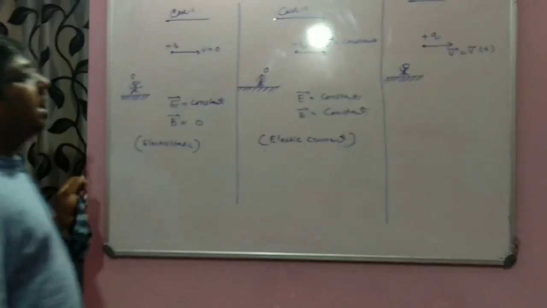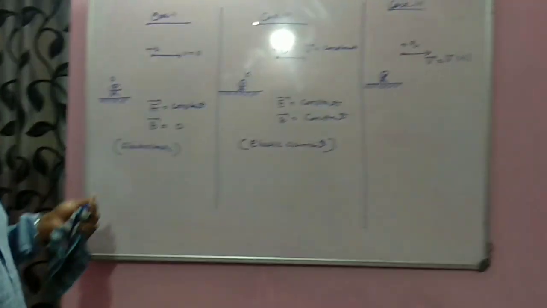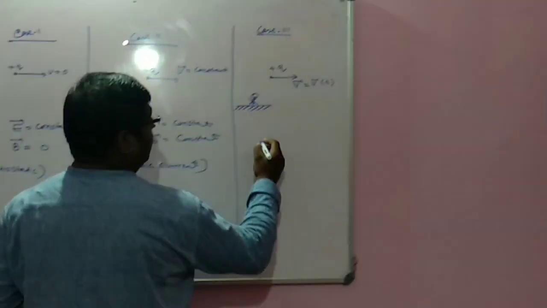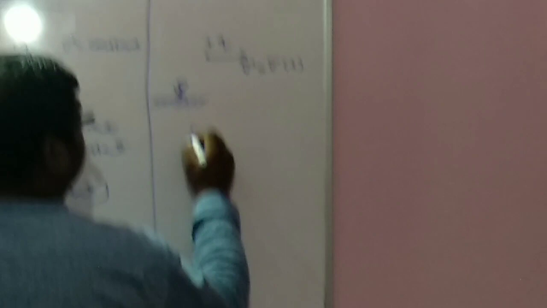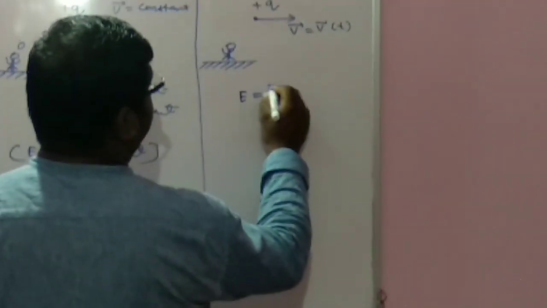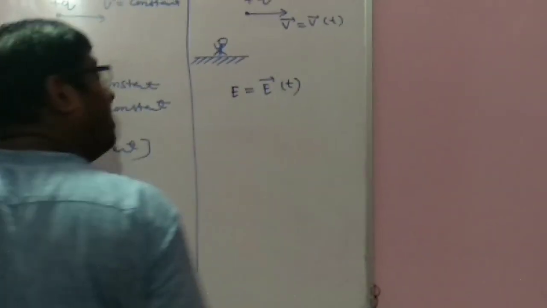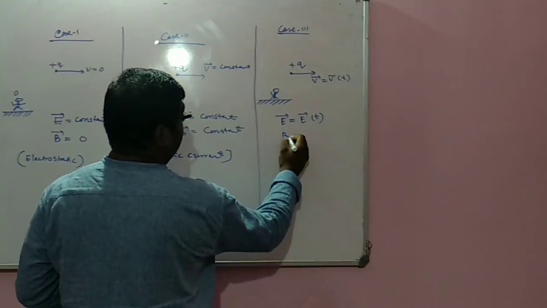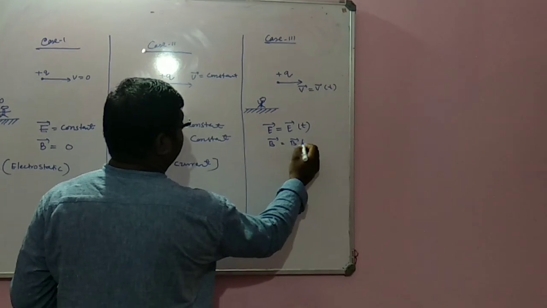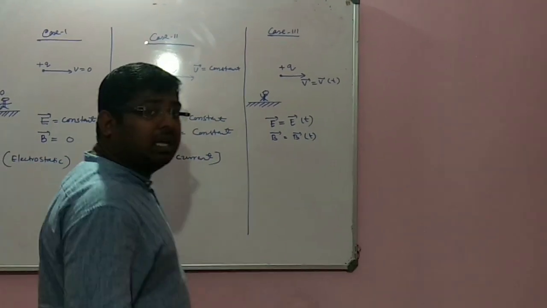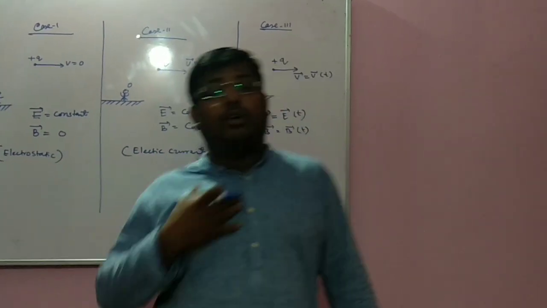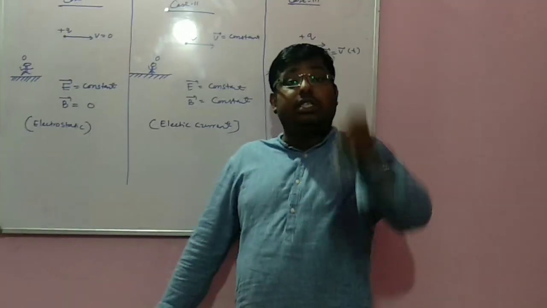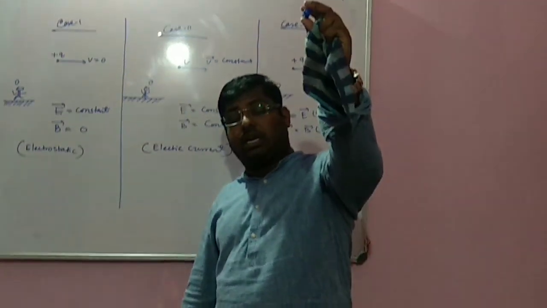Okay. And case 3 is about the observer will observe a time varying electric field, also a time varying magnetic field. That means, suppose you imagine I am the observer and with respect to me the charged particle is accelerated.